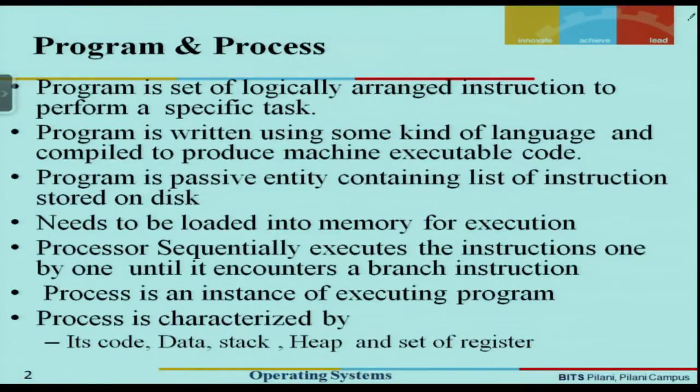This fetch, decode, execute cycle continues and the processor is able to execute the program. So this is a basic characteristic of a program, how a program gets loaded into the memory and how it gets executed.